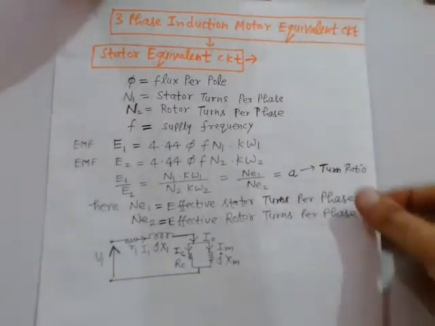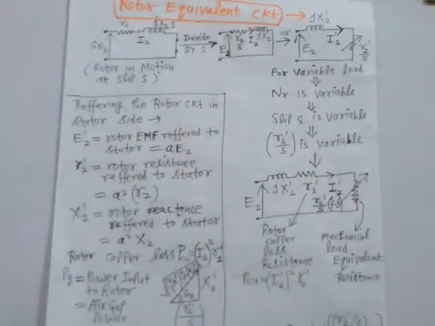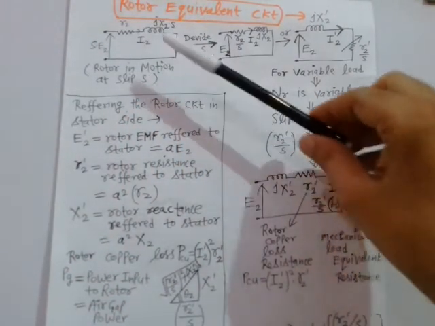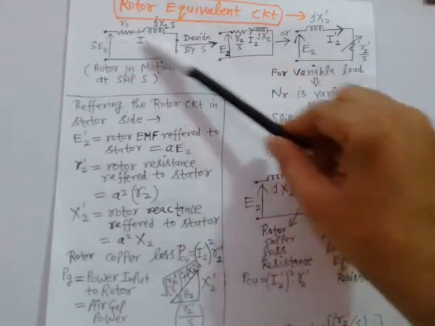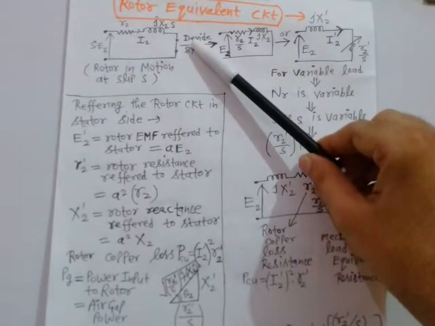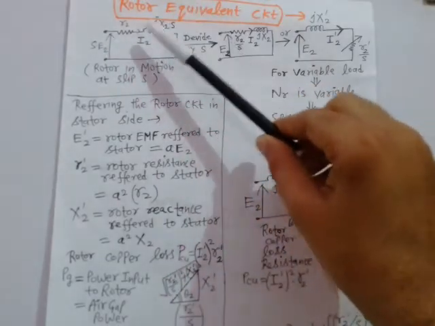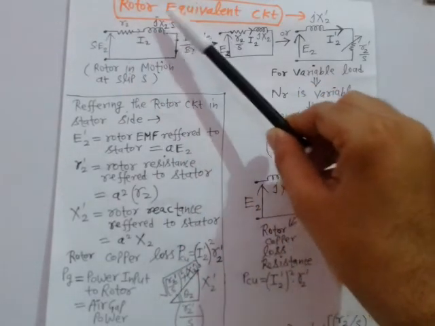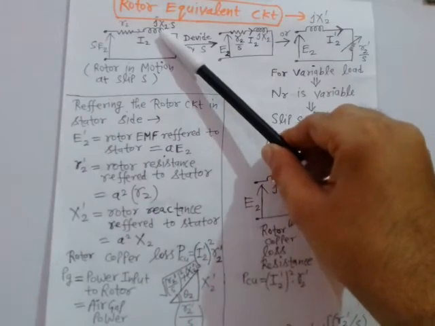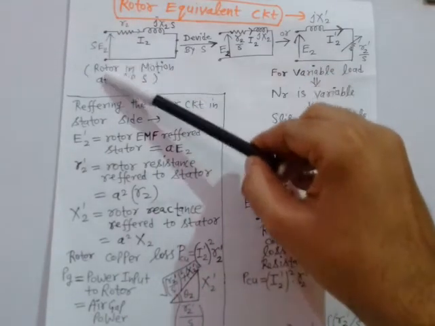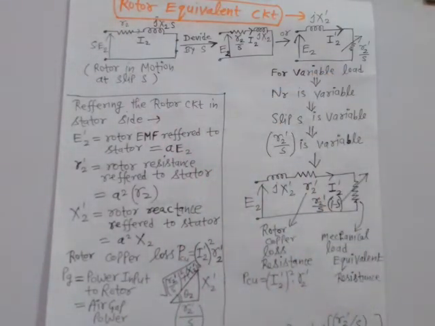Now let us discuss the rotor equivalent circuit. Likewise like the stator, this is the rotor winding electrical equivalent circuit. R2 is the rotor winding resistance, X2 is the rotor winding reactance, SE2 is the rotor induced EMF, right?